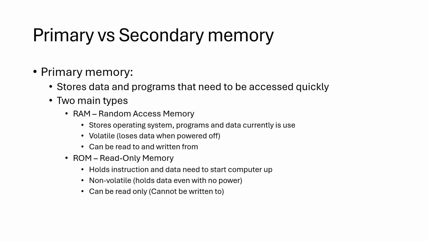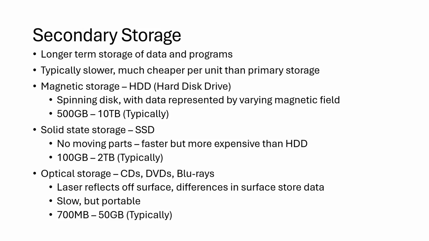We want somewhere we can store things for longer, because if you turned off your computer and all your programs and data were gone, that would be pretty bad. And so this is typically slower but much cheaper per unit of storage than primary storage.